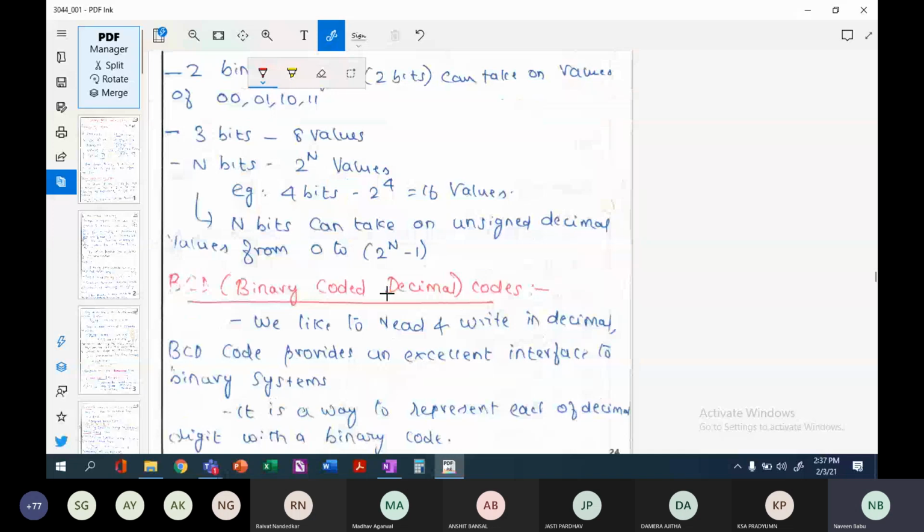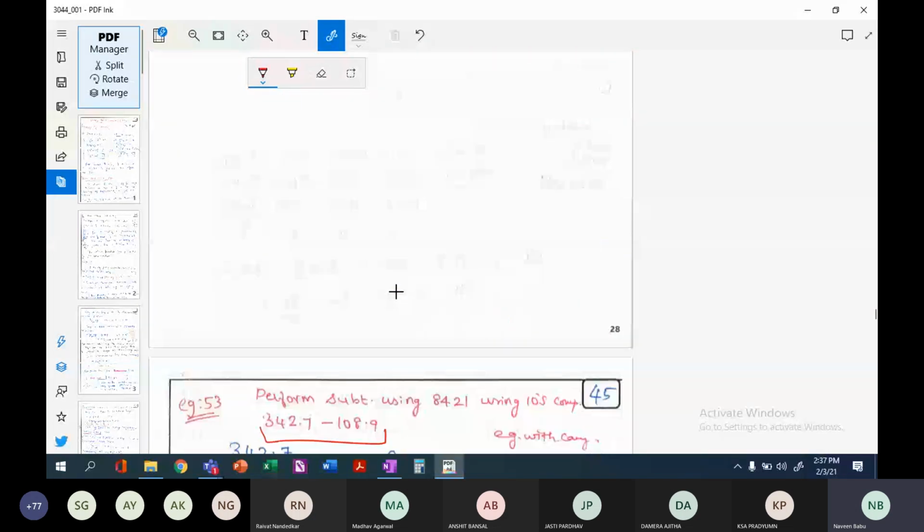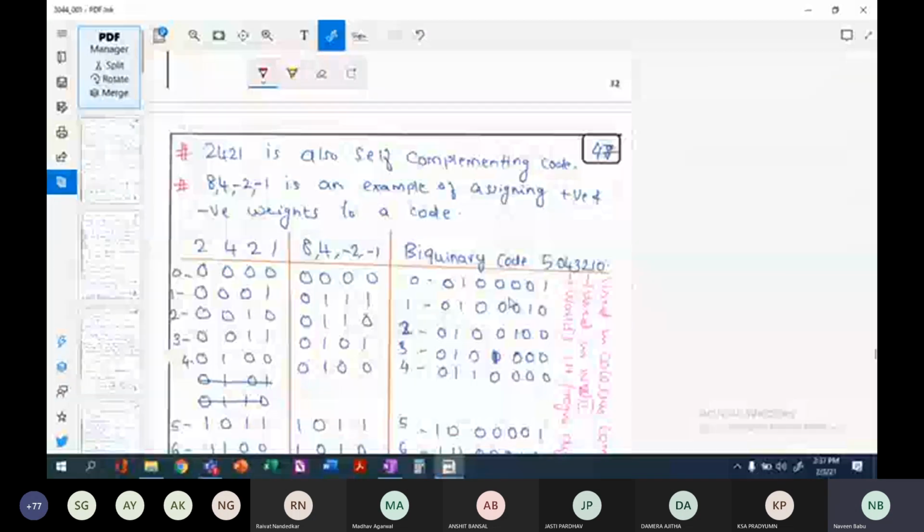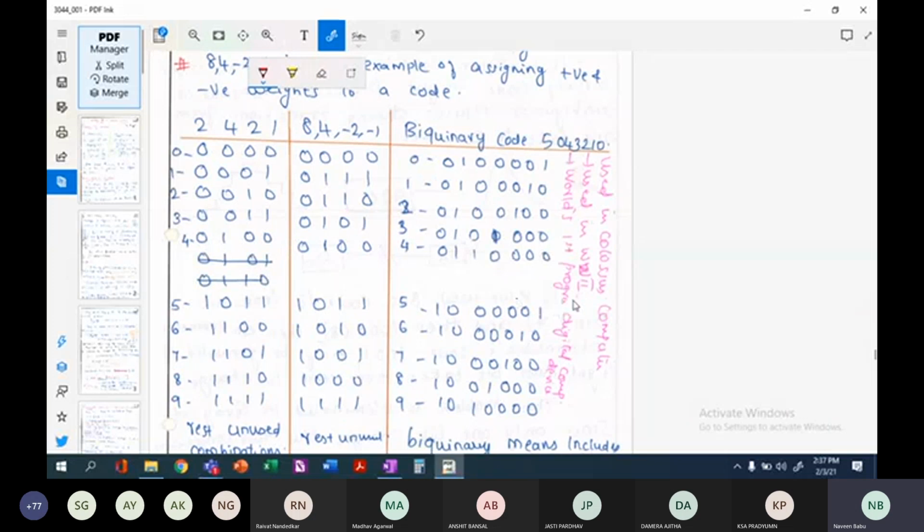How is this 2421 code obtained? Again, as you know that these are weighted codes, 0 corresponds to 0000. 1 corresponds to the corresponding 1. Here the weight is 1, so hence it is 1 here. 2 here, now the confusion will arise whether to give priority to the first 2 or the last 2.